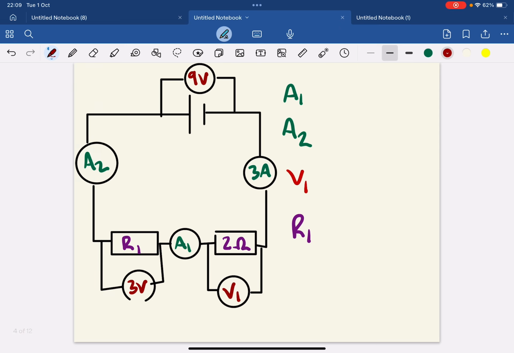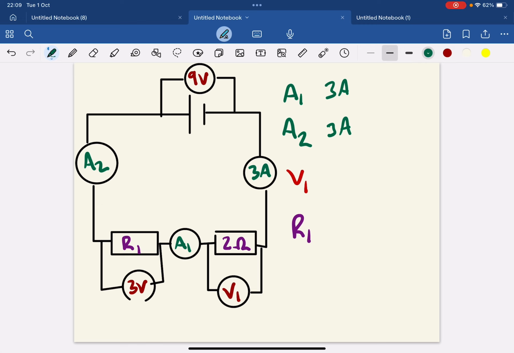This next circuit, you see, is a series circuit. Now in a series circuit, you have to know that current is the same throughout, so it won't change. So we know from this ammeter here that the current is 3 amps. So A1 is also going to be 3 amps, and so is A2.